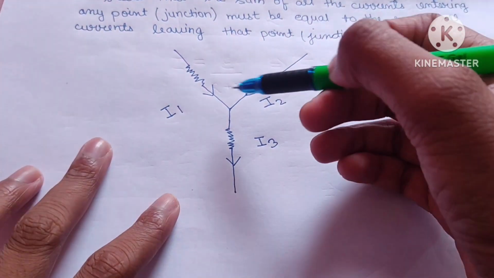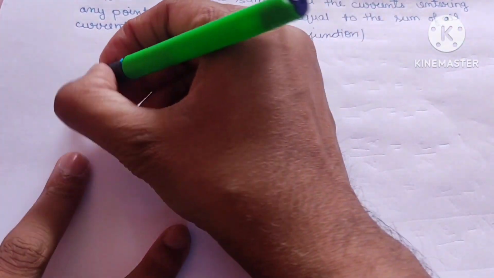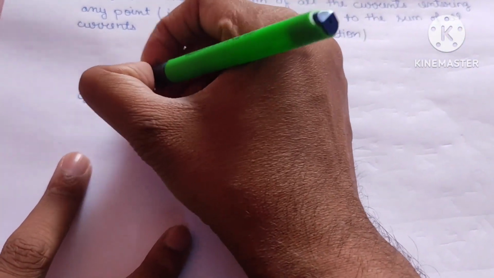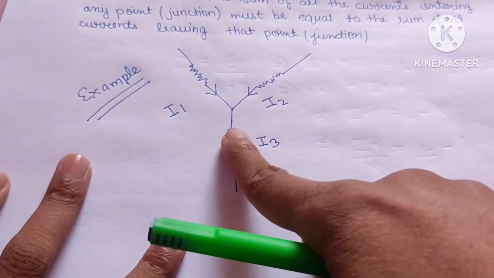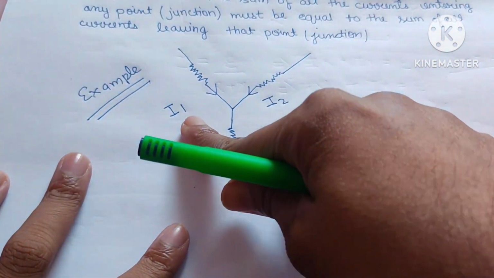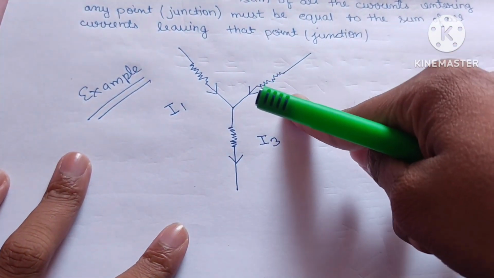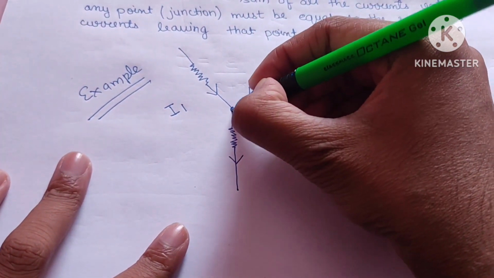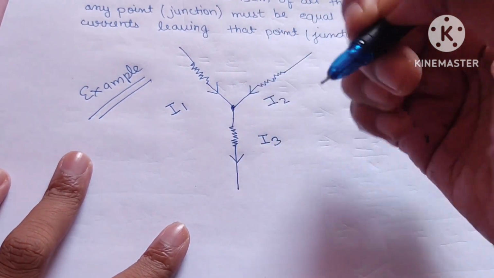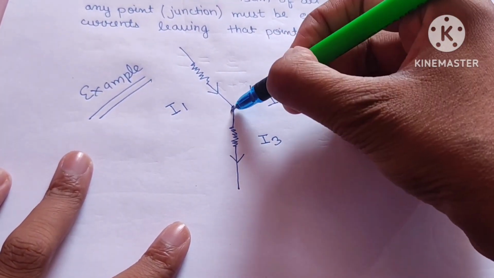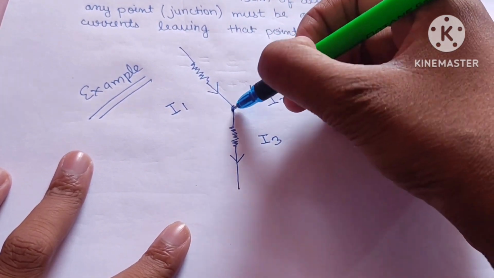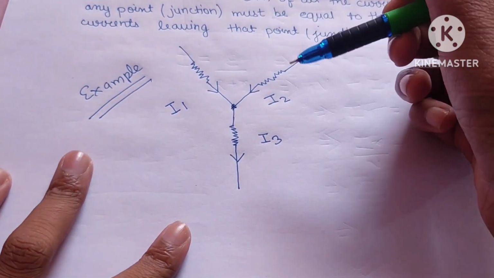Like this is an example. If I1 current is entering with I2 current, so I1 and I2 are entering here at a point, or this is a junction. Where all the lines meet is called a junction.